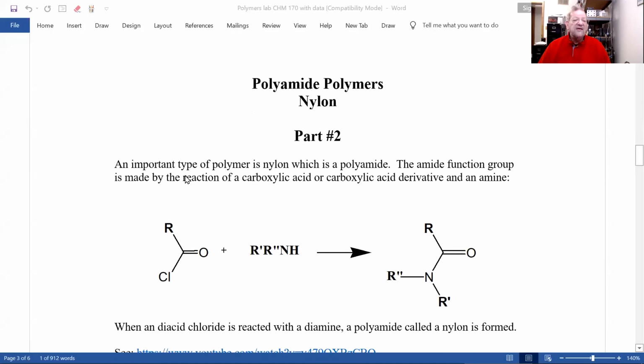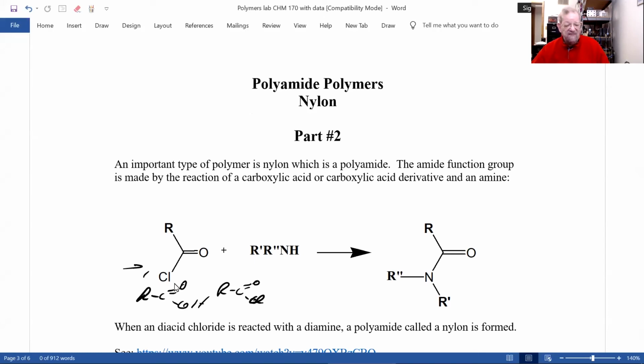Let's go to the second part, and that deals with polyamide polymers, otherwise known as nylon. Nylon is an important polymer that's really a polyamide, many amides. To make it go quicker, instead of using a carboxylic acid, we're using an acid chloride, which reacts a lot quicker with amines.